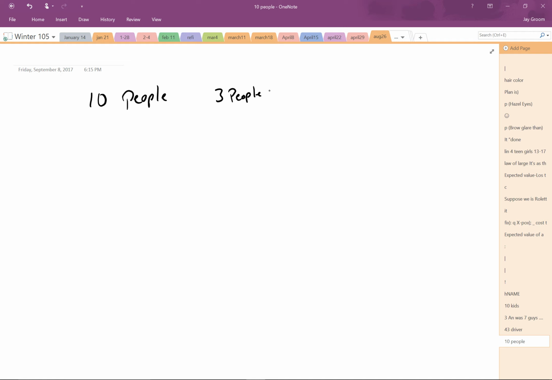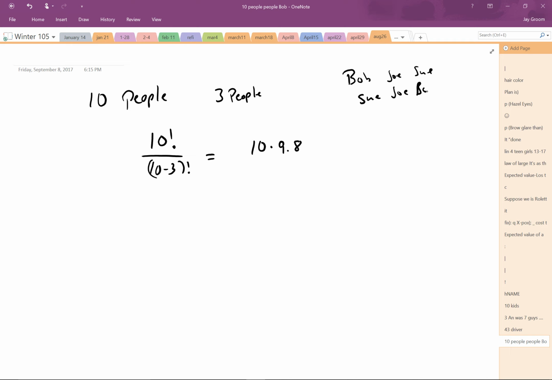And so permutation would be 10 factorial over 10 minus 3 factorial. Or in other words, it would be 10 choices for the first one, and then 9, and then 8. But the problem with that is that Bob, Joe, Sue is the same as Sue, Joe, Bob. They're all the same because it doesn't matter what order they're in.